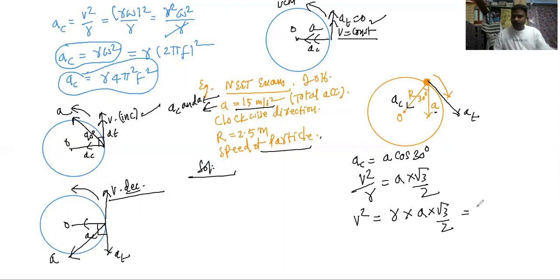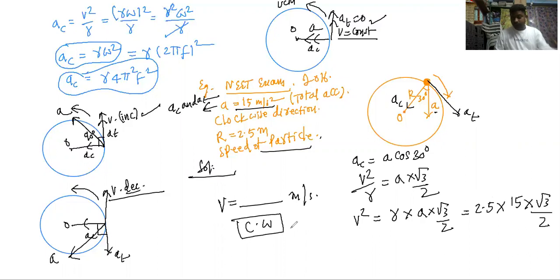What is the R value? It's 2.5 into acceleration 15 into root 3 by 2. Okay, so if you solve, you get the answer. V is equal to something, right? That V, you tell me now, that is your classwork. This is the previous NEET exam question.